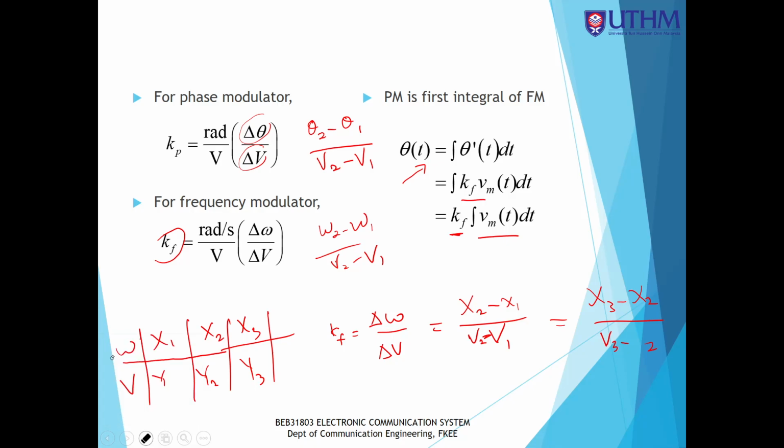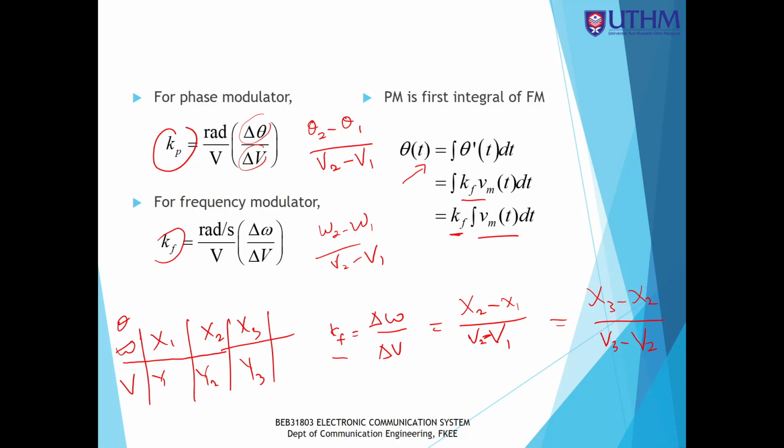It is a linear function, so you can use x2 minus x1 or x3 minus x2, and you get the value of Kf. Similarly for Kp, if you want to find Kp, you will be given theta versus voltage, and then you can find the values.